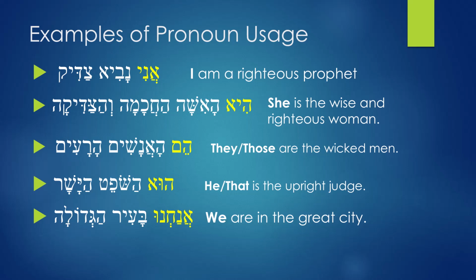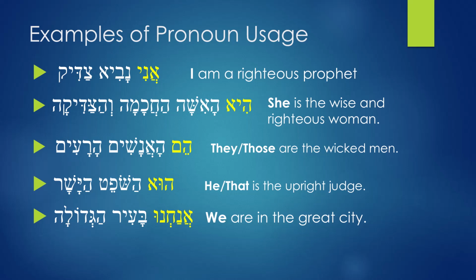The last phrase we have, Anachnu ba'ir hagdola. Gdola comes from gadol, which means great. But because it's modifying ir, and ir means city, and city is feminine in Hebrew, it takes a feminine ending: gdola, modifying ir, city. So, great city.